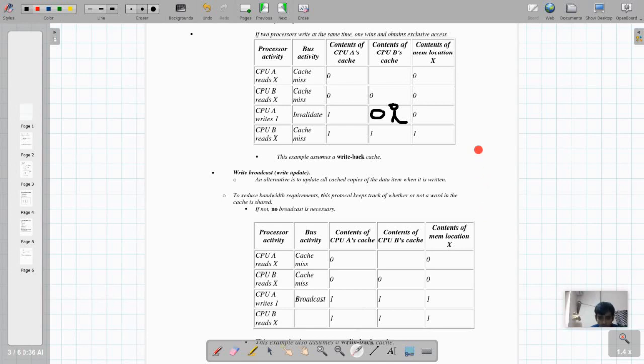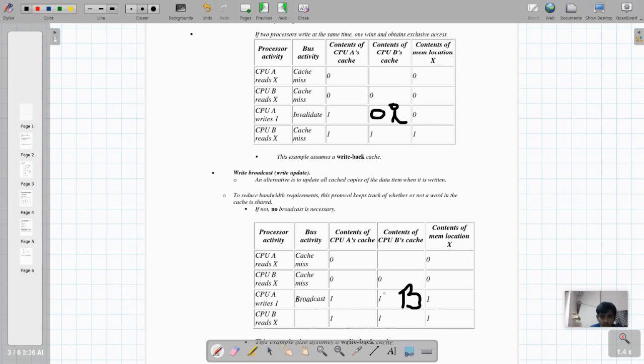How does it go on? Here the copy has been invalidated and here the broadcast happens by CPU A with the new data value for X. So now CPU B gets the broadcast message, and in this broadcast message, the new value for the data item X has been embedded.